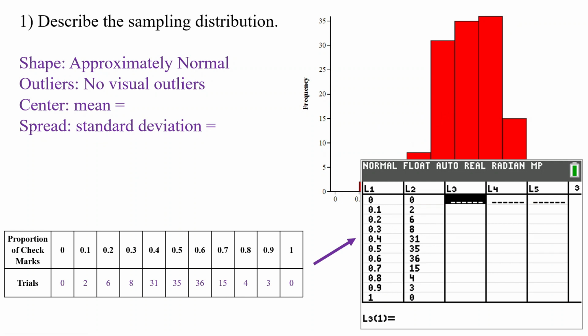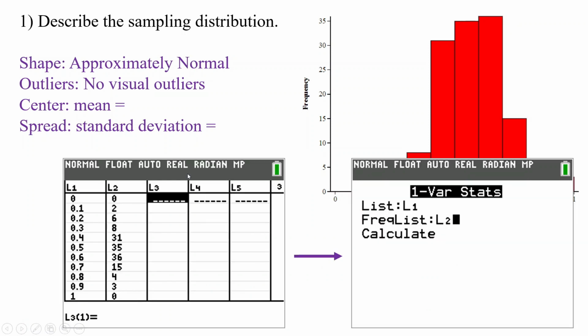Now to find the mean and standard deviation using that table, instead of entering each individual value into a list, because there's 140 values, I can take advantage of my frequency list. So in L1, I'm going to put all of my proportions, and in L2, I'm going to put the frequency, how often it takes those proportions. Since I have L1 and L2 in my calculator here, I'm going to go to 1-Var Stats.